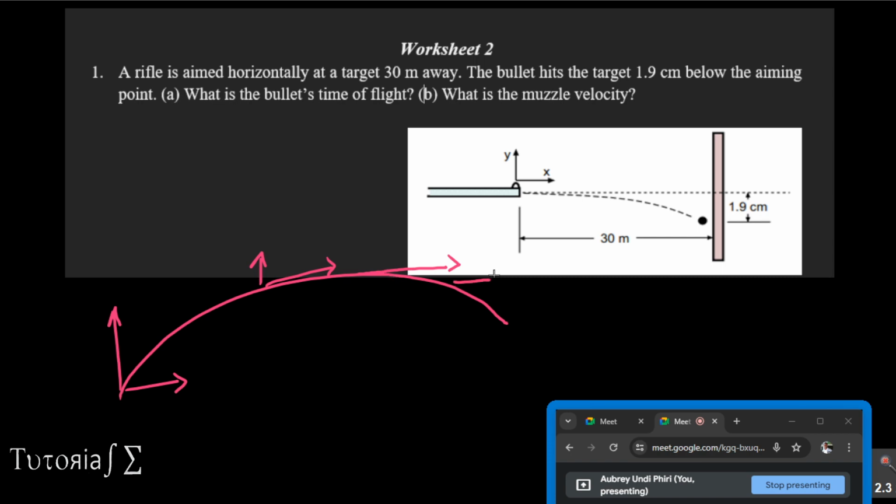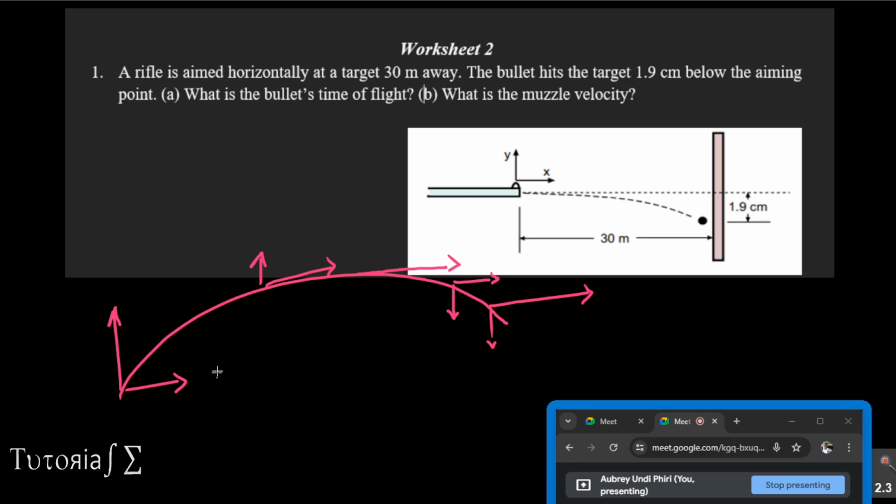Then it goes forward and goes down further like that. So that is what projectile motion is about. We're studying the movement of an object in 2 dimensions, in the vertical dimension and in the horizontal dimension.